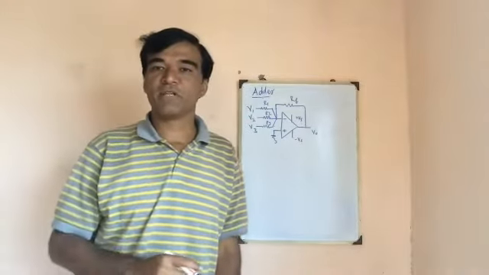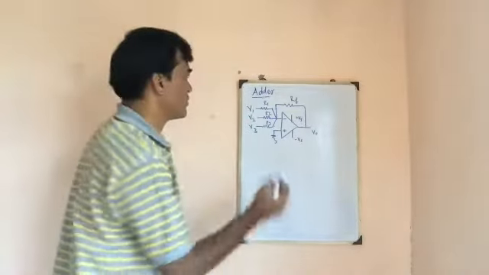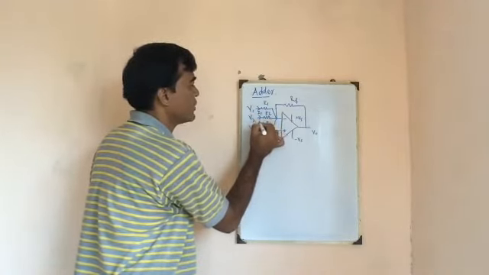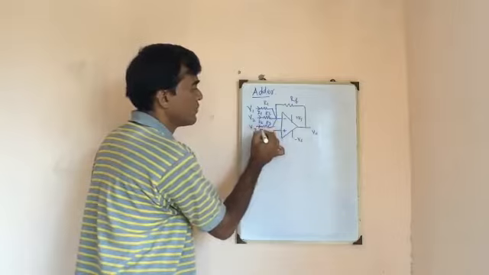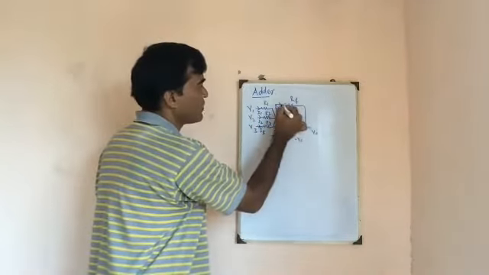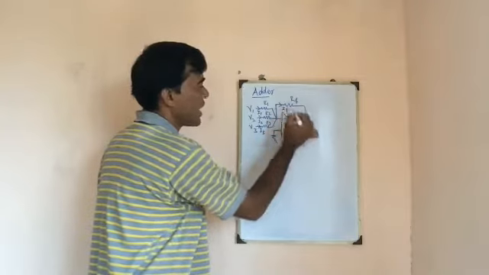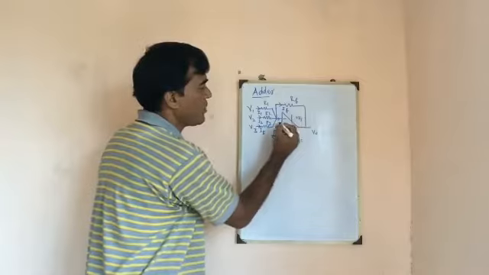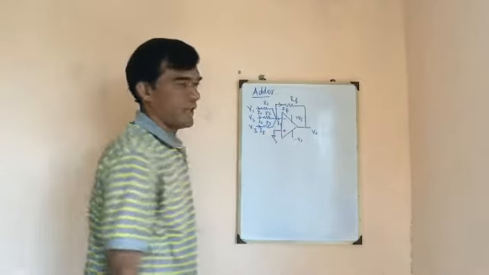To find the expression for this circuit, let us assume the current flowing through R1 is I1, through R2 is I2, and through R3 is I3. The current flowing through the feedback resistor is IF, and the current entering into the op-amp is II.